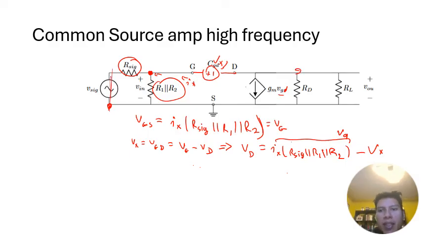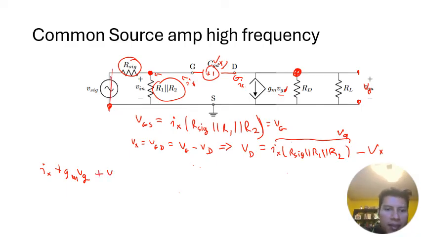Okay, so now let's look at this node equation here. So what we're going to have here is VDS, which is equal to VD. So we have Ix flowing out through here, and then we have plus GM VG. We also have plus VD over RD in parallel to RL.